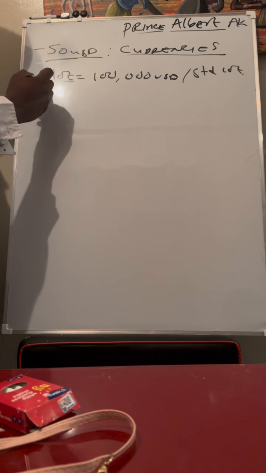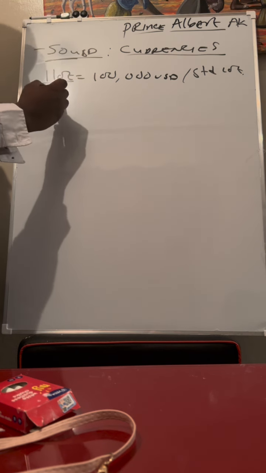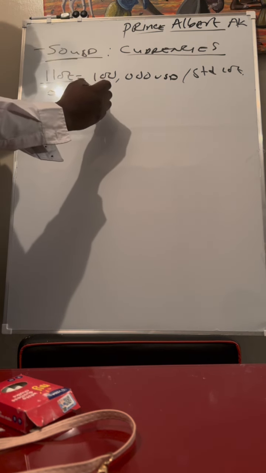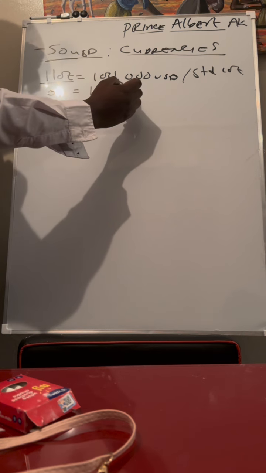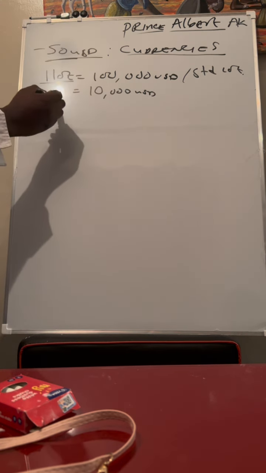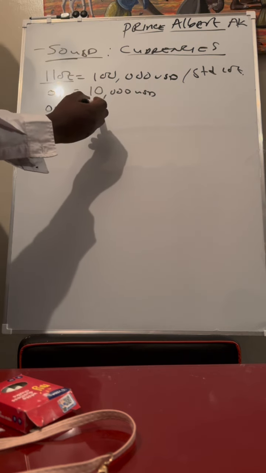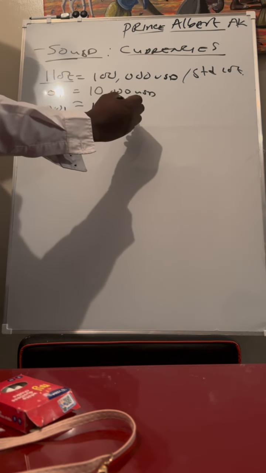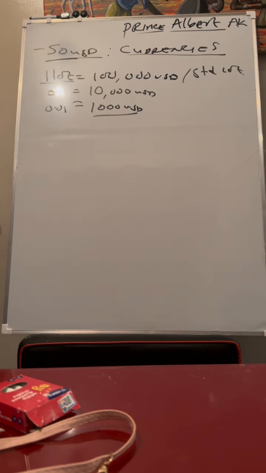If we narrow down to 0.1 lot, this means we need to have 10,000 USD. If we narrow down to the 0.01 lot, we need to have 1,000 USD. But still, we cannot trade this.